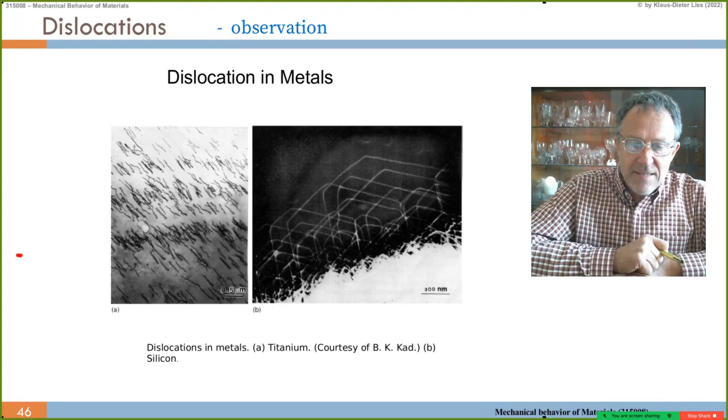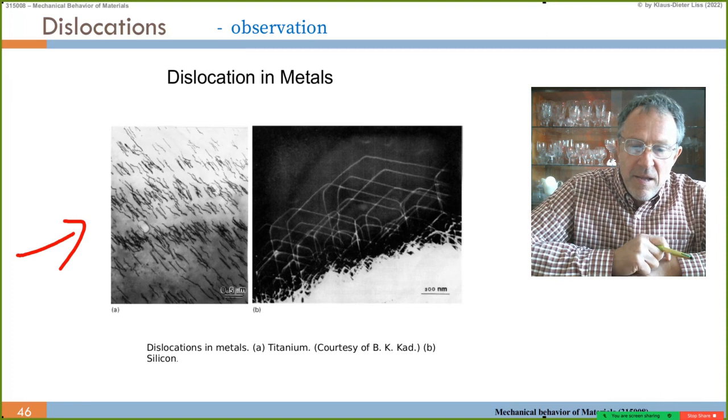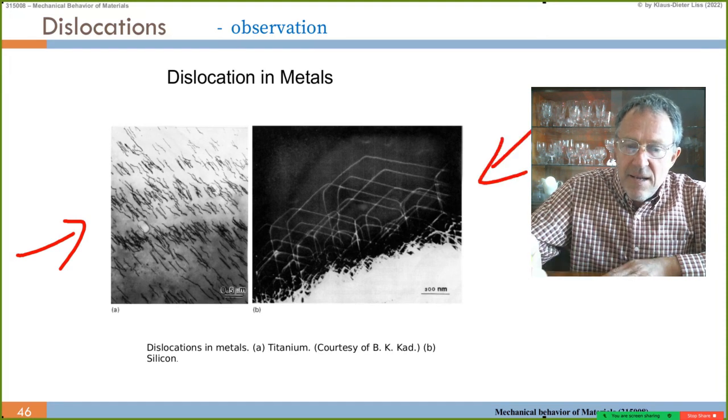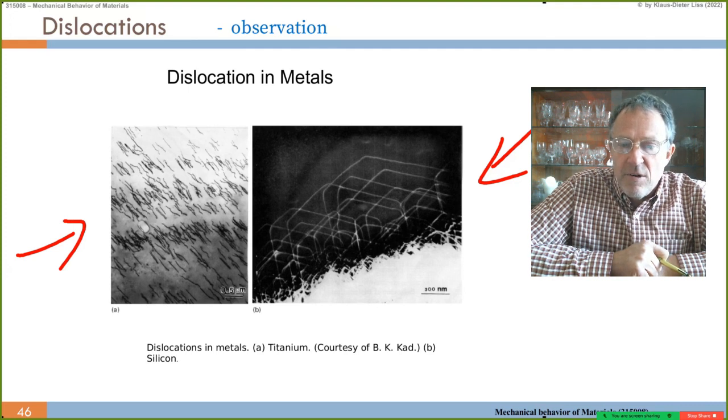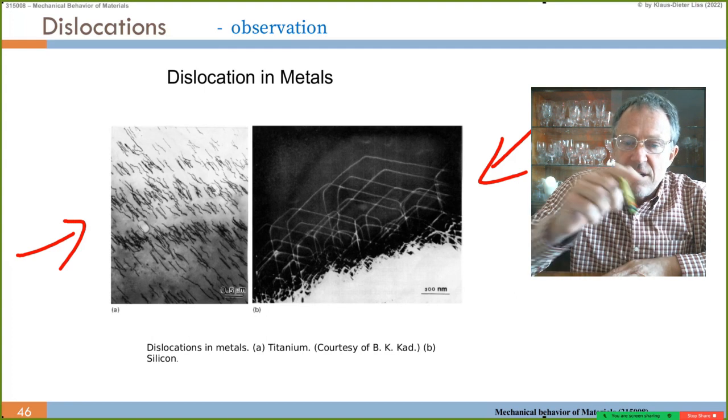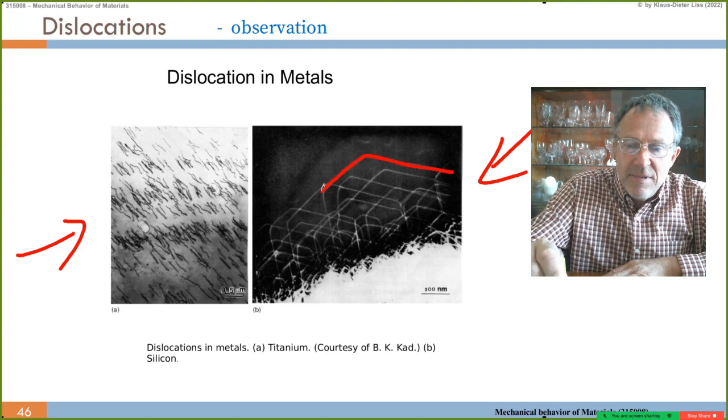Dislocation in metals. Here are some of titanium, inside titanium, and in silicon. I talked already, dislocation loops in silicon. Silicon, they have covalent bonds, so dislocation widths are small, and that also means they follow preferred lattice orientations with edges, yeah.